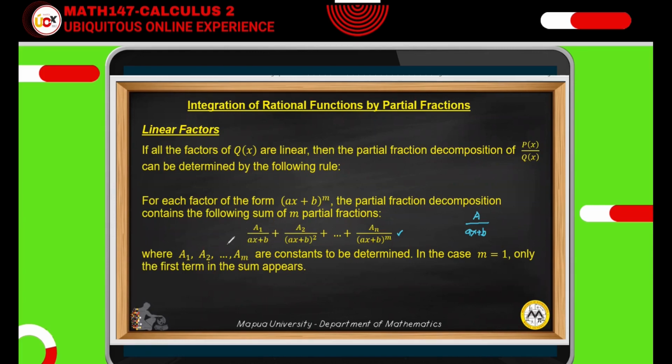And to illustrate integration of rational functions by partial fractions, where the denominator contains linear factors, we will be discussing the examples given here in the lecture notes, but we will do it on the whiteboard.